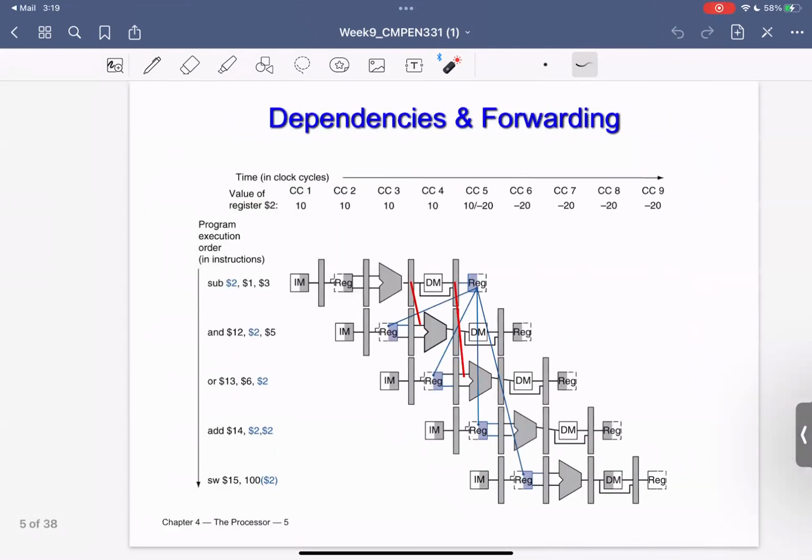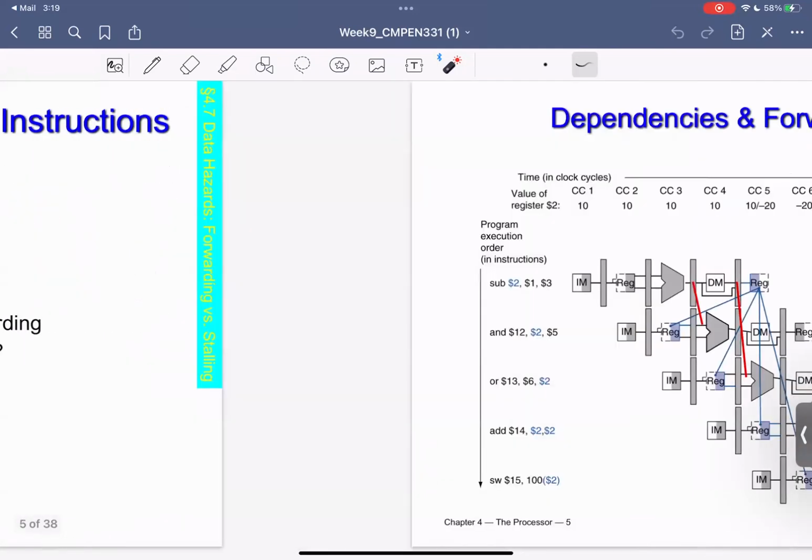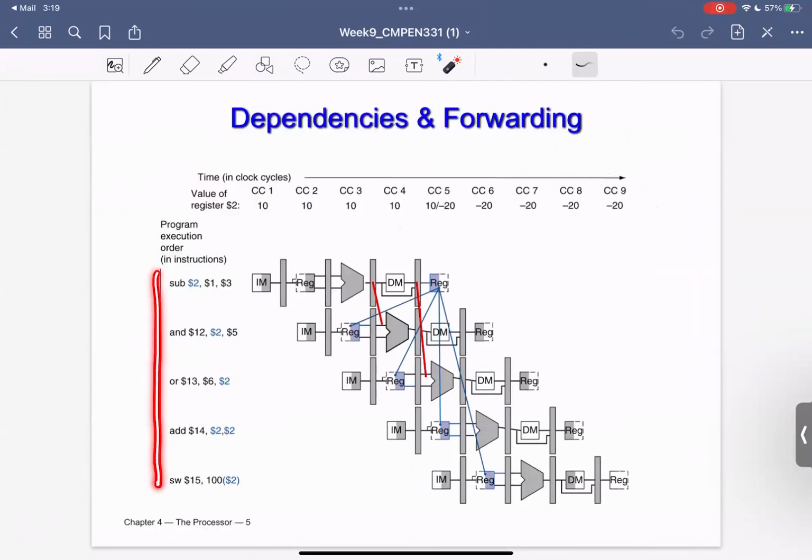So going to that same code that is here, let's look at this code step by step and in detail. I have the very first instruction that subtracts this from that, and puts the result in register number 2. We would like to know first when exactly register 2 will be updated, in which pipeline stage.